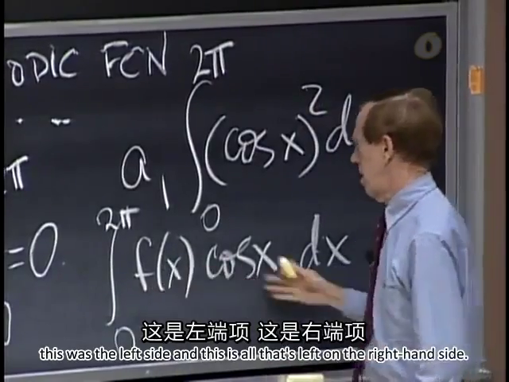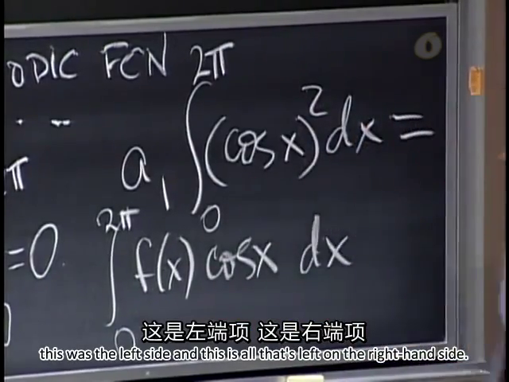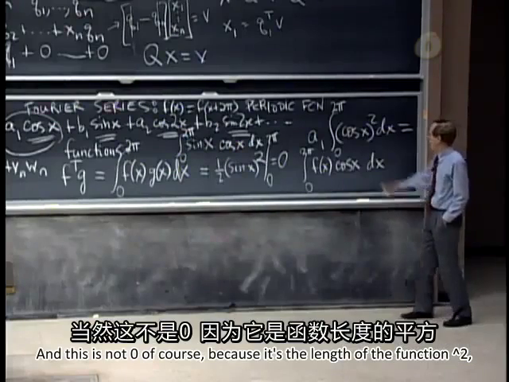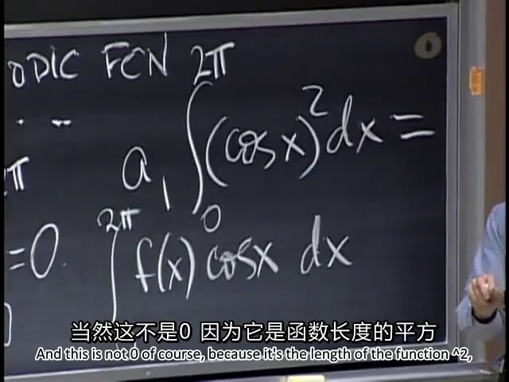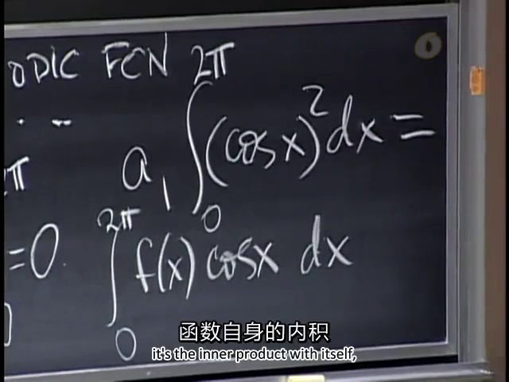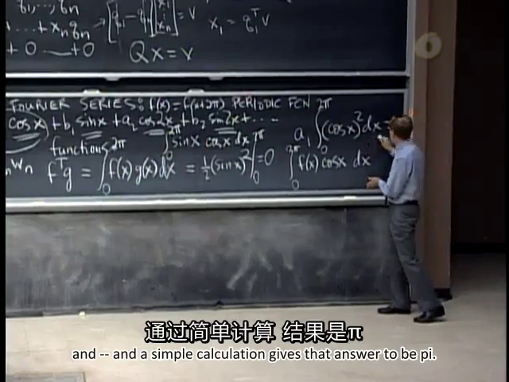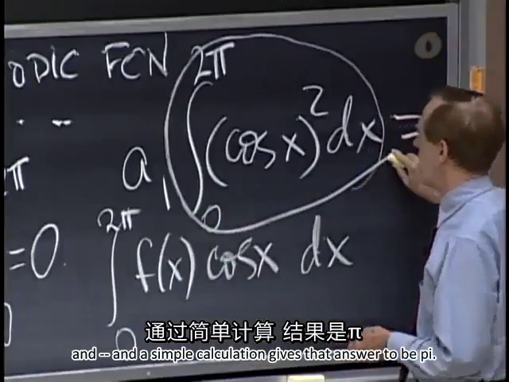equals, so this was the left side, and this is all that's left on the right-hand side. And this is not 0, of course, because it's the length of the function squared. It's the inner product with itself. And a simple calculation gives that answer to be pi.